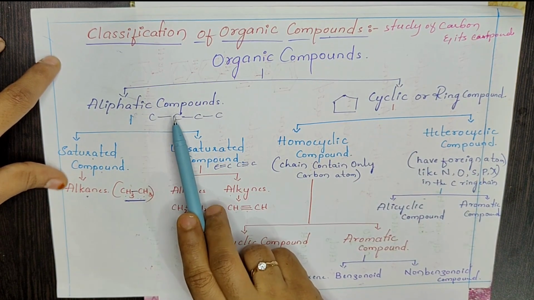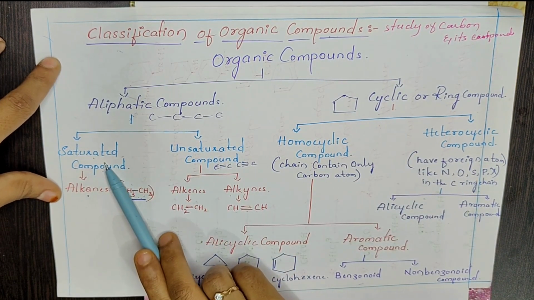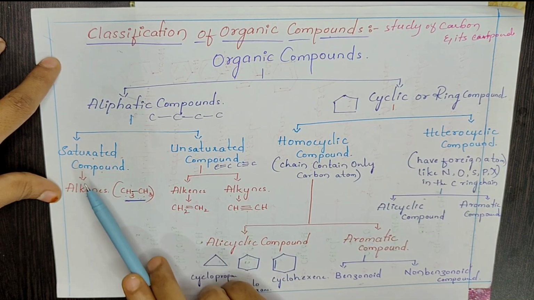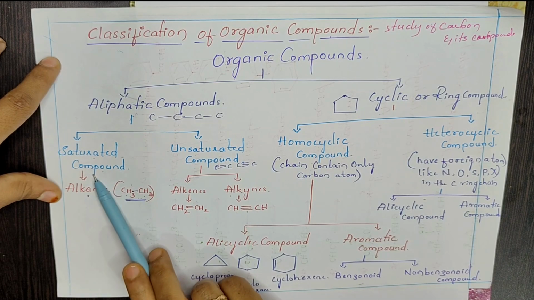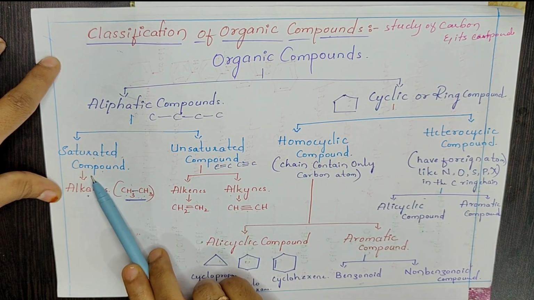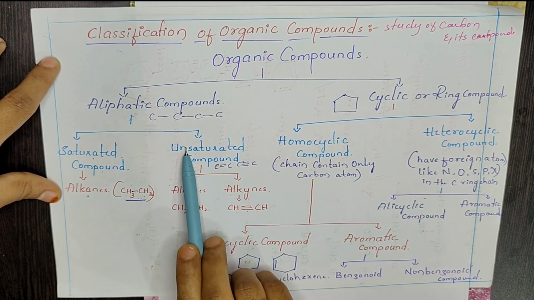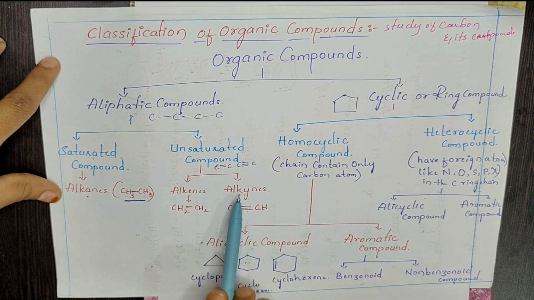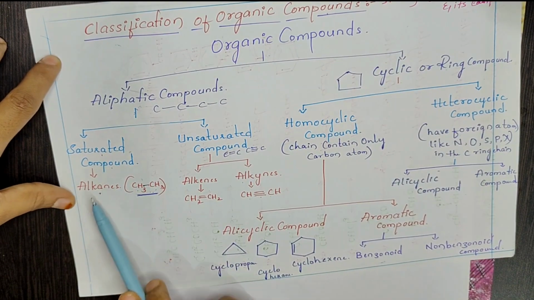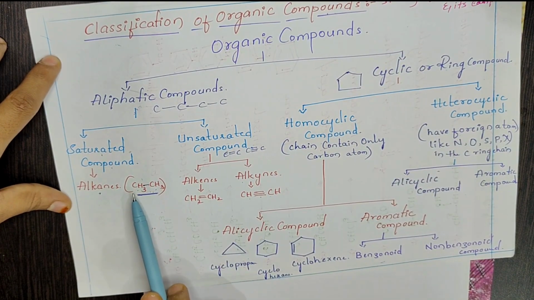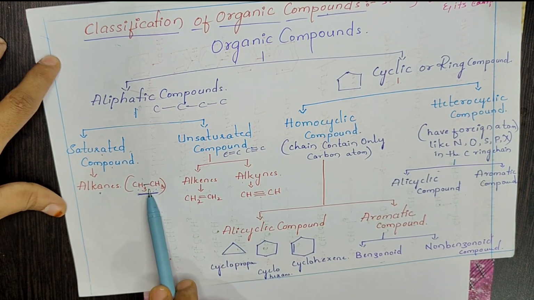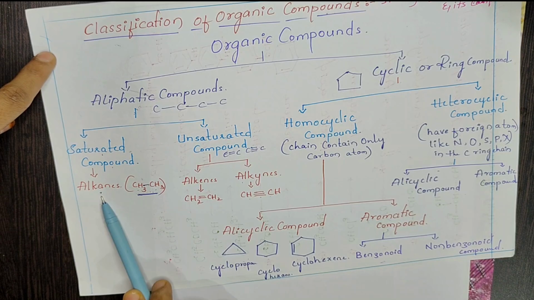Next, aliphatic compounds are again classified into two types, saturated compounds and unsaturated compounds. Saturated compounds are open chain carbon compounds containing carbon-carbon single bonds. Unsaturated compounds are open chain carbon compounds containing carbon-carbon double bonds and carbon-carbon triple bonds. If a carbon-carbon single bond is present, as in CH3-CH3, those compounds are called alkanes.